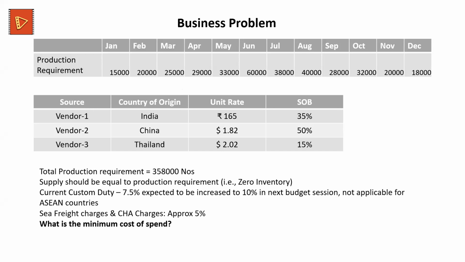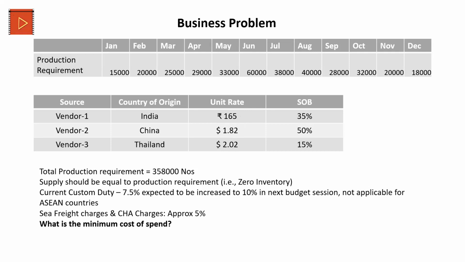And it has three different sources, one from India, the other one from China, and the third one from Thailand. The unit rate has been mentioned here: rupees 165 for the Indian vendor, $1.82 for the Chinese vendor, and 2.02 for the Thailand vendor.